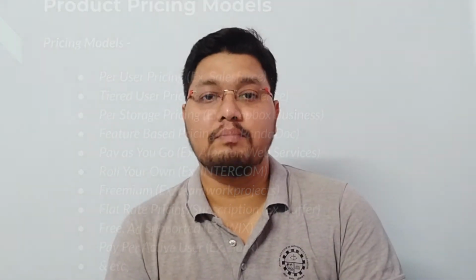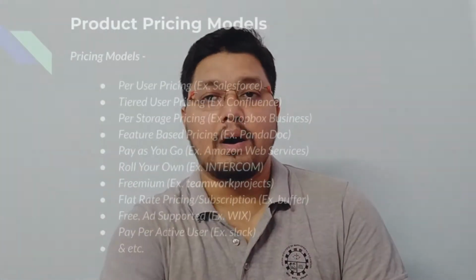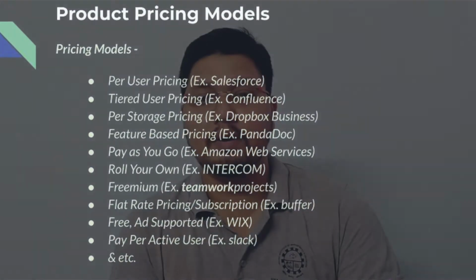These are multiple product pricing categories, and apart from that, other categories are also available, but today we are going to talk about these pricing models and how those are designed in a well manner.